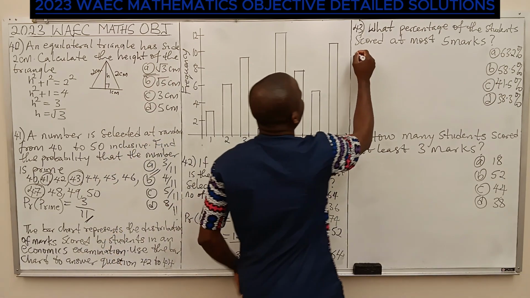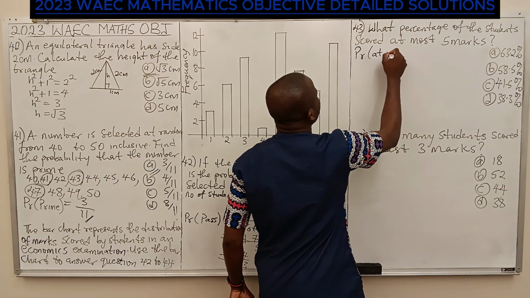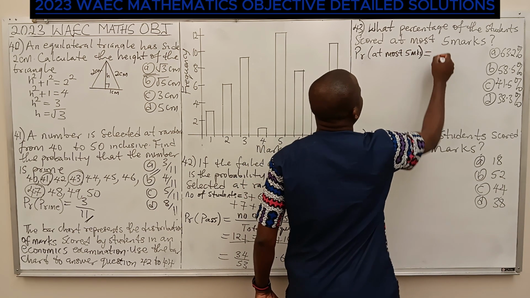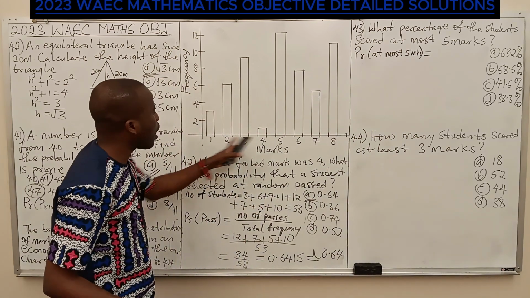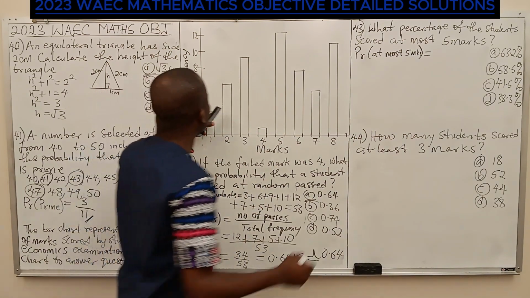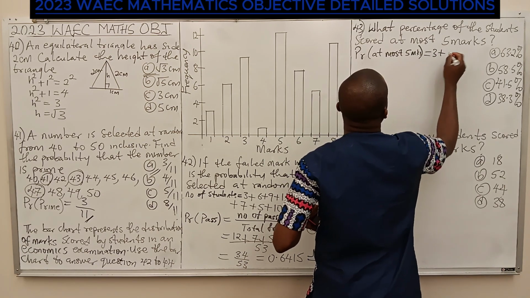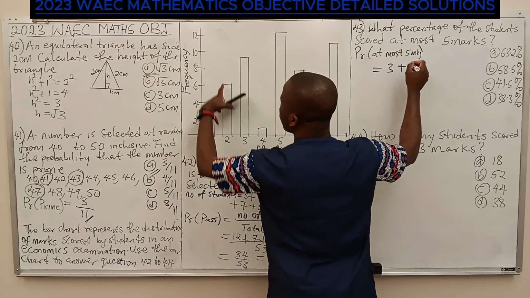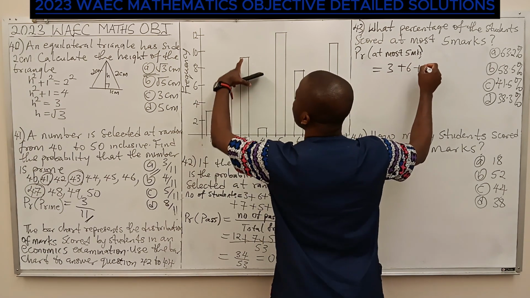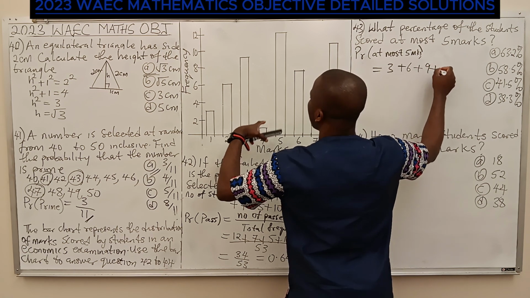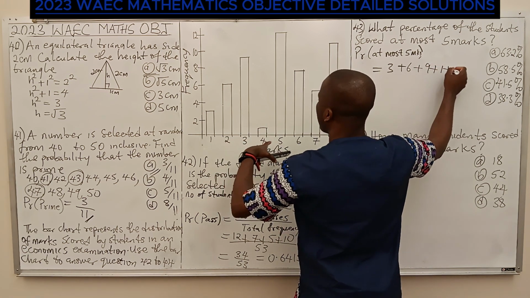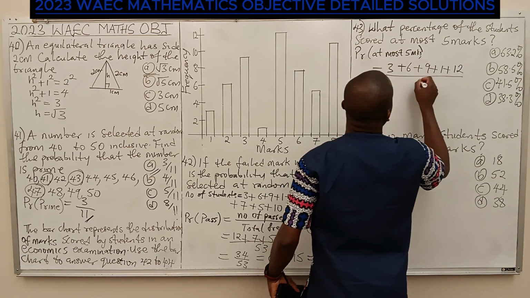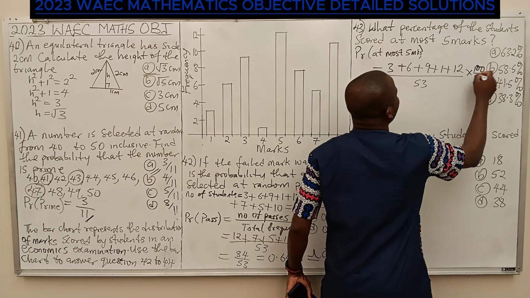So the probability of at most 5 marks, the number of people that scored at most 5 marks will be 3 plus 6 plus 9 plus 1 plus 12 over 53 times 100 over 1.